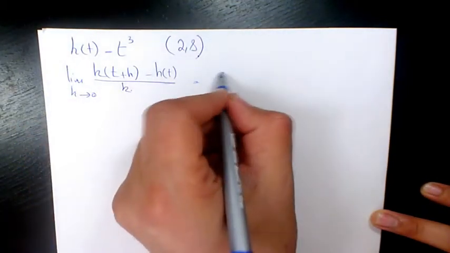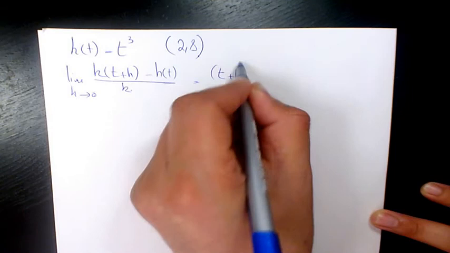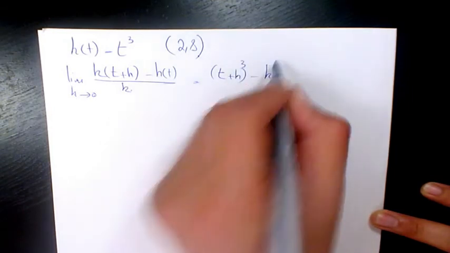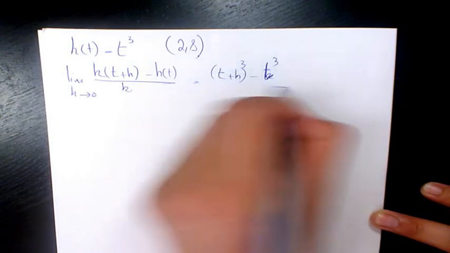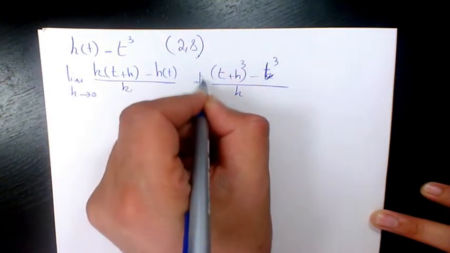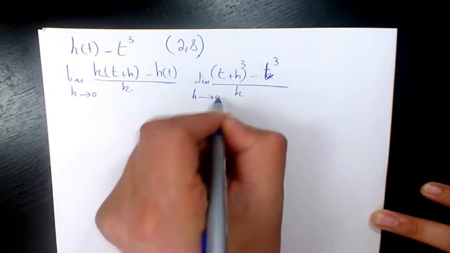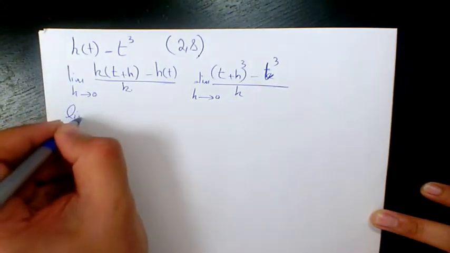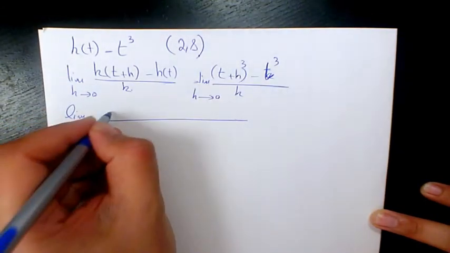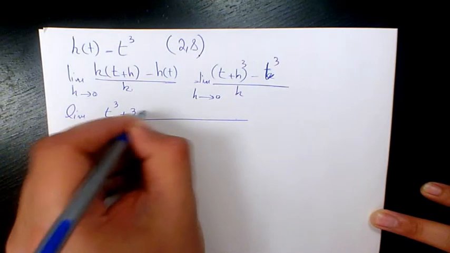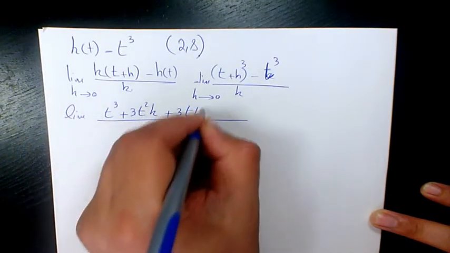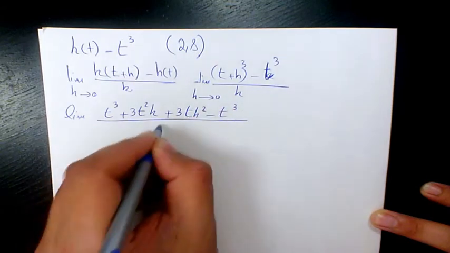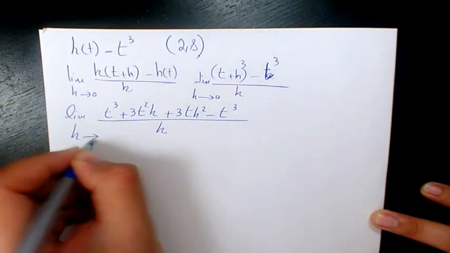So that's going to be t plus h to the power of 3 minus t cubed divided by h when the limit of h approaches 0. So that's going to be t cubed plus 3t squared h plus 3t h squared plus h cubed minus t cubed divided by h when h is approaching 0.